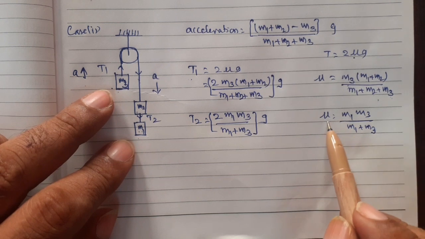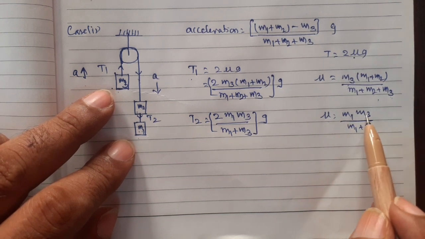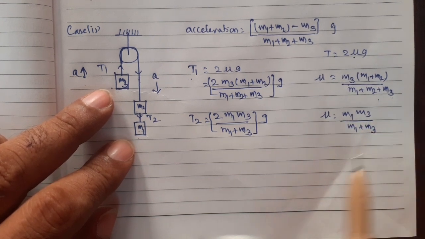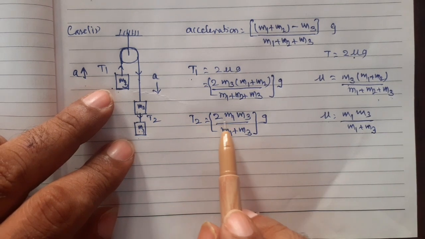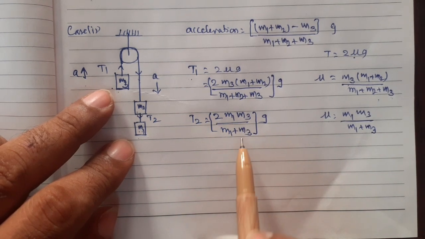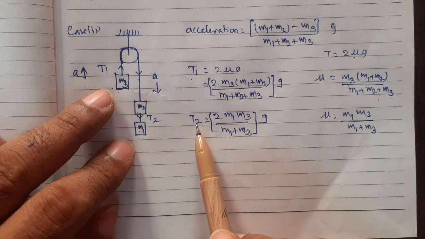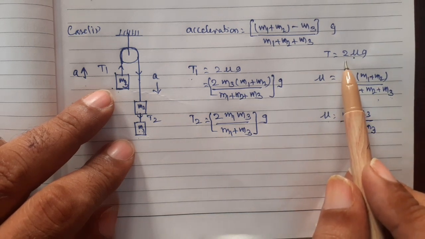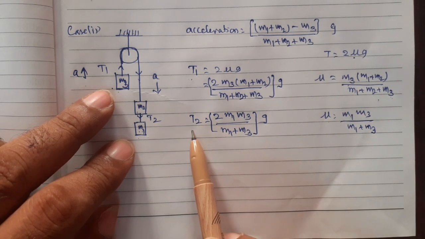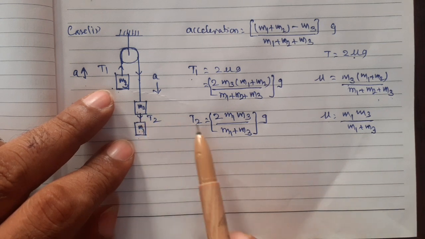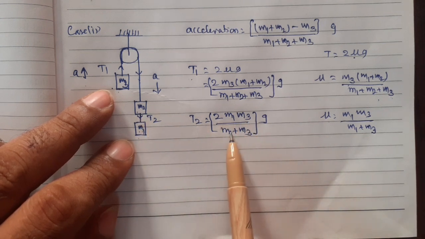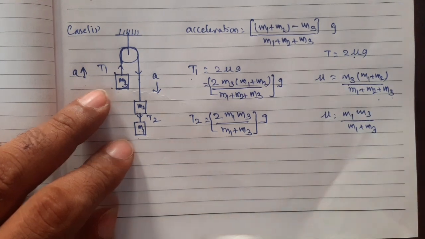Therefore the reduced mass is m1 m3 by m1 plus m3, so the tension T2 in the string is equal to 2 m1 m3 by m1 plus m3 into g.